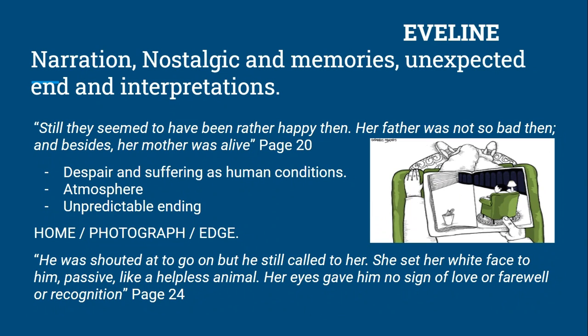In the story, I'm going to underline some aspects like the narration, the nostalgia and memories, the unexpected, and the interpretations we can find here. I'm going to talk from my point of view and how I interpret the story.